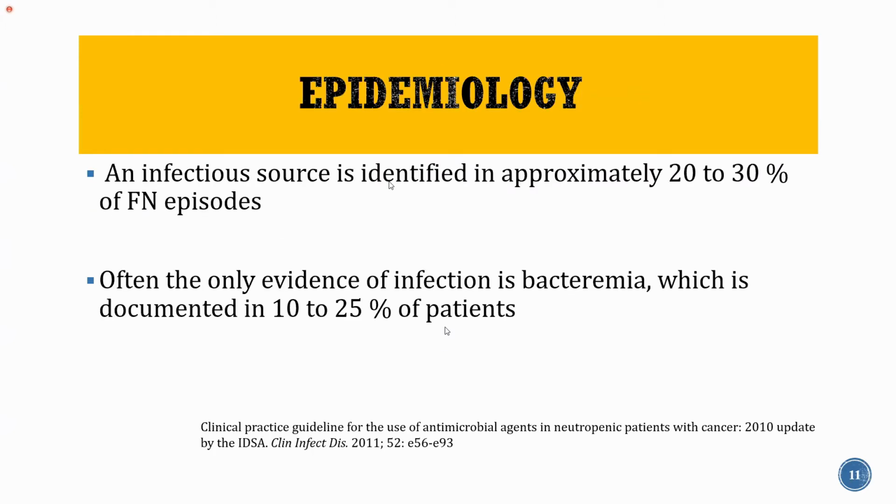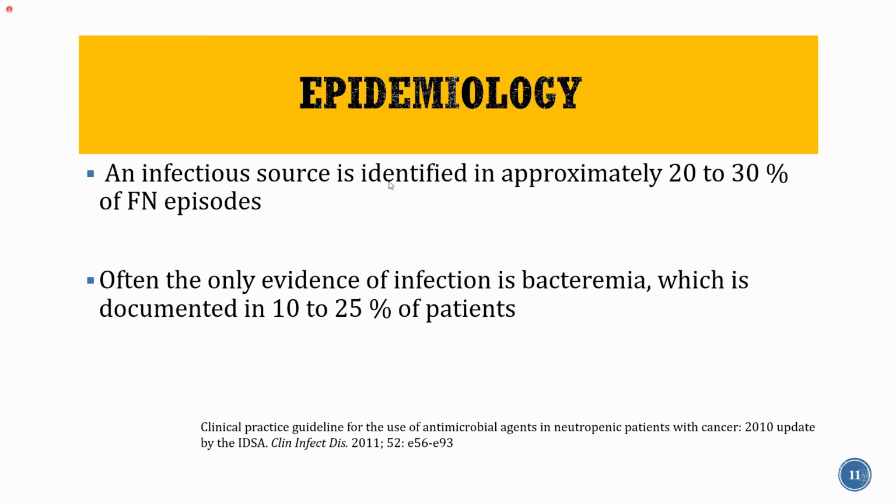One of the important things that you might have seen in febrile neutropenic patients is that not all of them have a documented infection, a microbiologically documented infection. Sometimes you have microbiologically, sometimes radiologically documented infection, but in around 60 to 70% of patients, you don't see any radiologically or microbiologically documented infection.